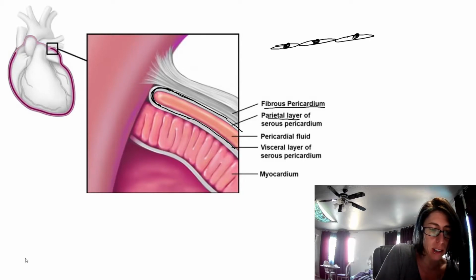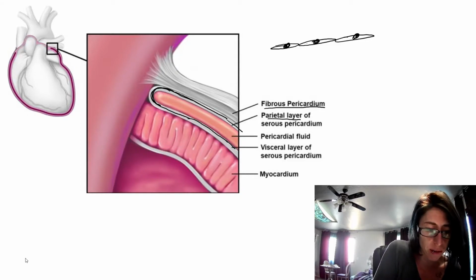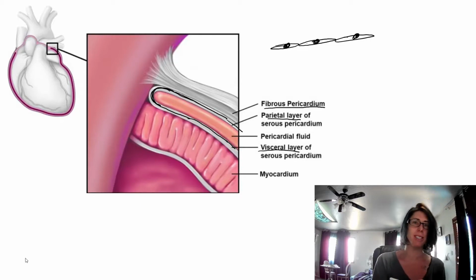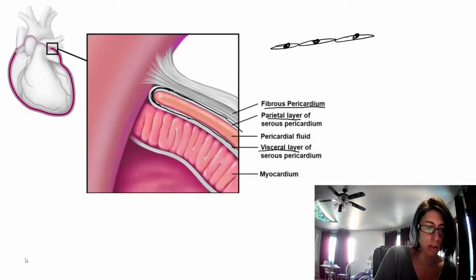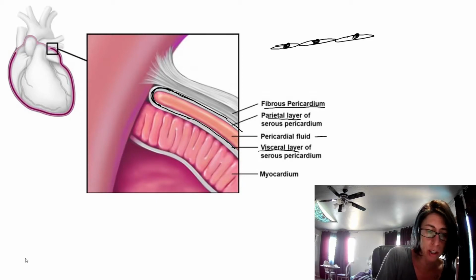You have the parietal layer, which is the superficial layer, and then you have the visceral layer, which is the deep layer. And then between the parietal layer and the visceral layer, you have the fluid, the pericardial fluid, or the serous fluid. And it's this fluid that is the lubricant.